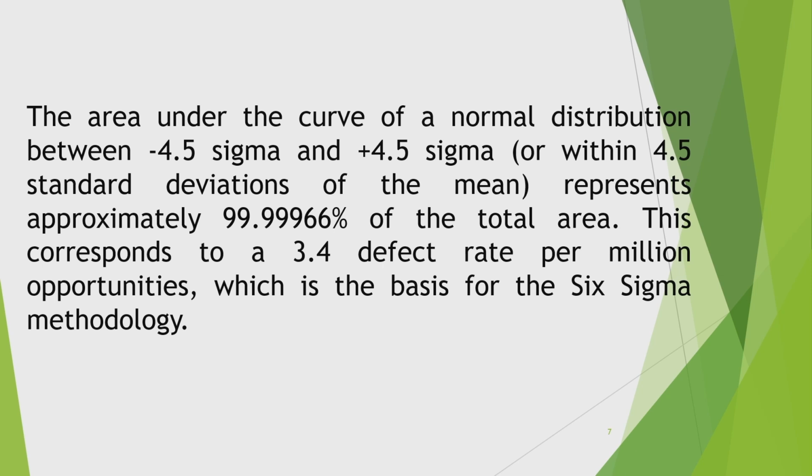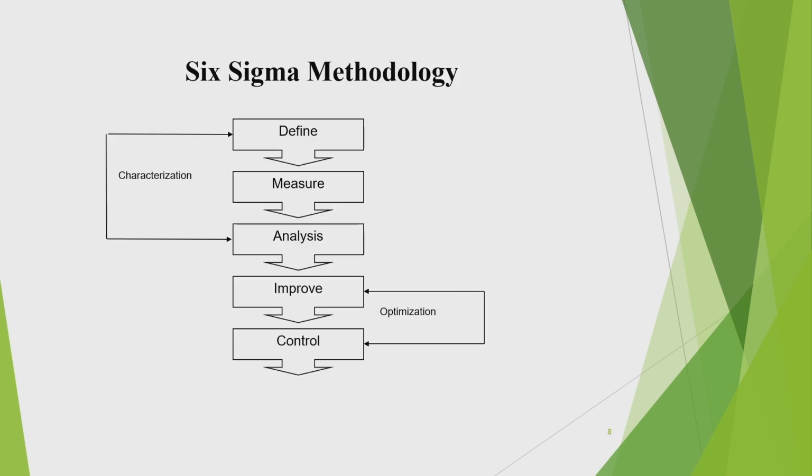So it represents approximately 99.99966% of the total area, and this corresponds to a 3.4 defect rate per million opportunities. Per million opportunities means where the defect can occur, which is the basis for the 6 sigma methodology.